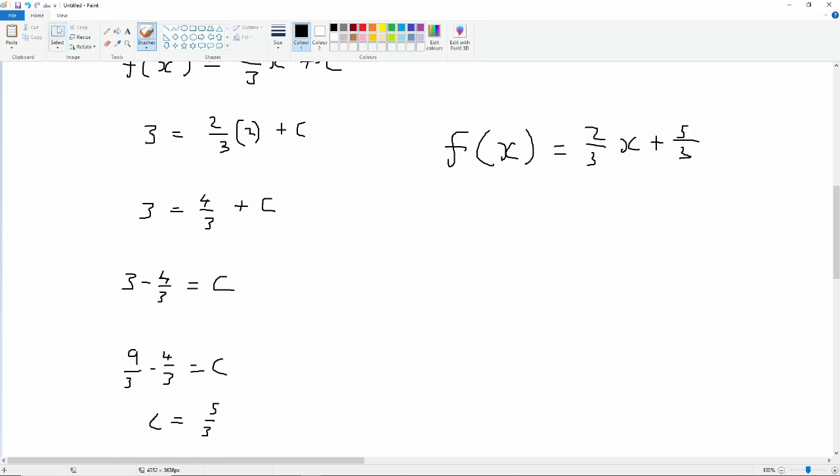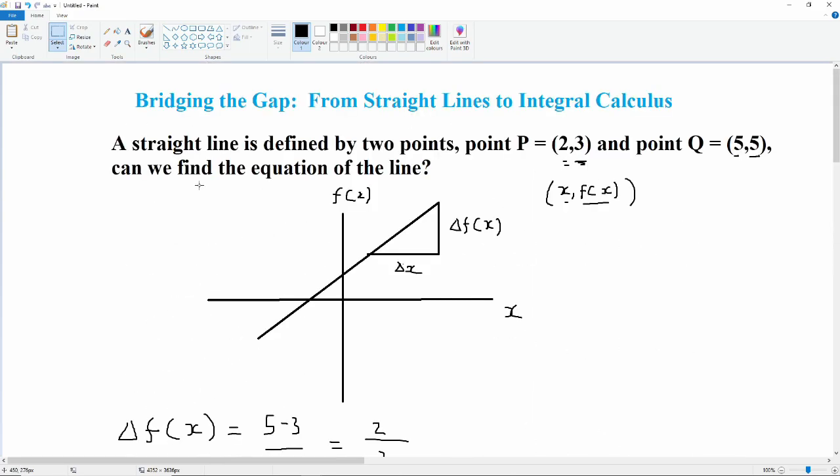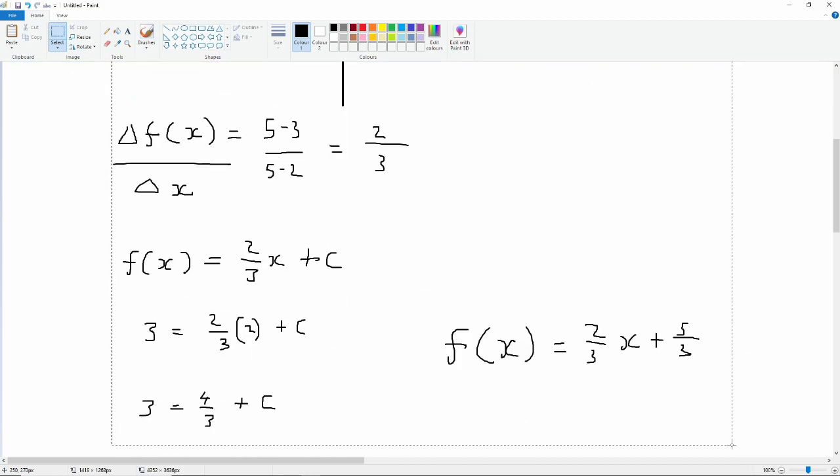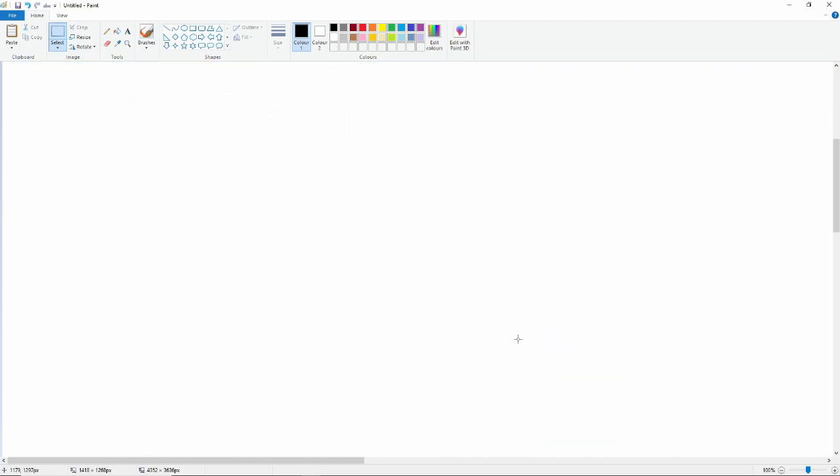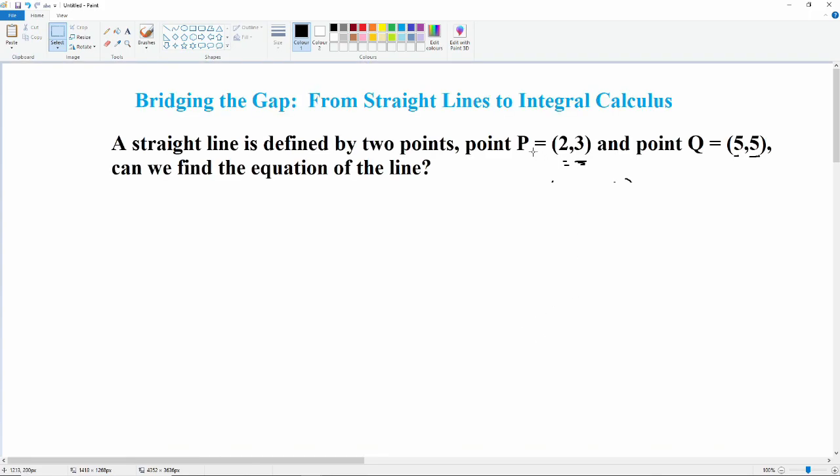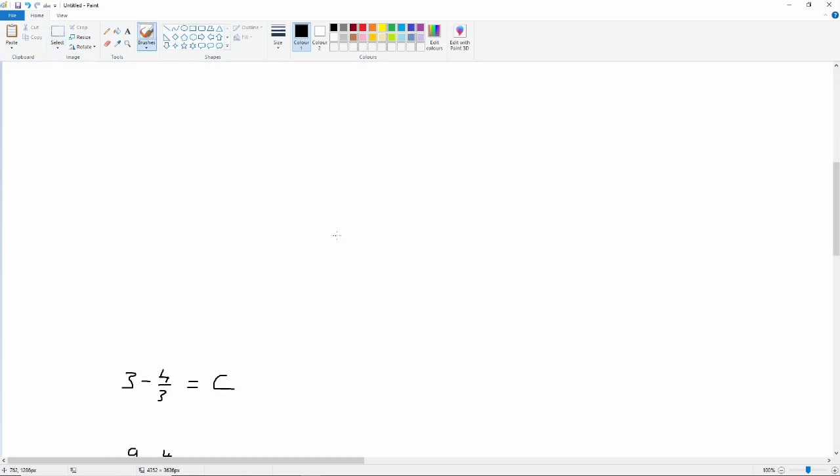Okay, so why are we using this f of x notation instead of normal y notation? Well, it's because I want to be difficult. No, not really. It's just good shorthand, and we're going to use this a lot in calculus. And also, I think it's a little bit more powerful than your normal y equals notation.